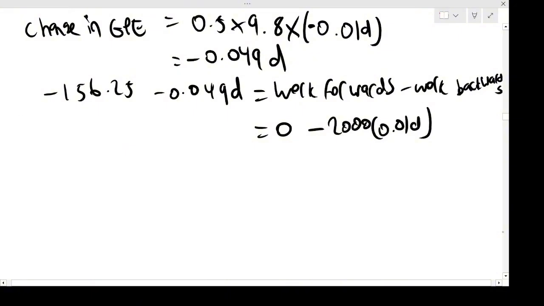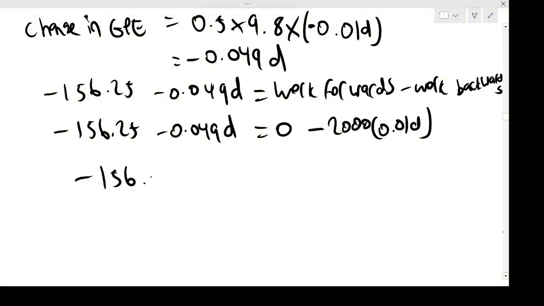And that's going to equal minus 156.25 minus 0.049d equals 0 take away 2000 lots of 0.01d. Now we just get an equation to solve for d. So if I simplify this, now I just solve this for d.